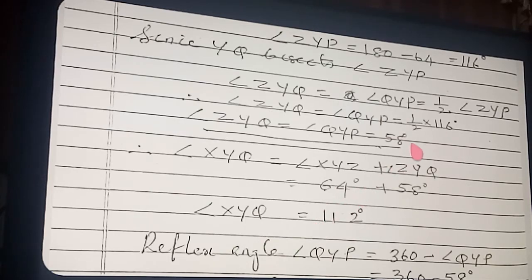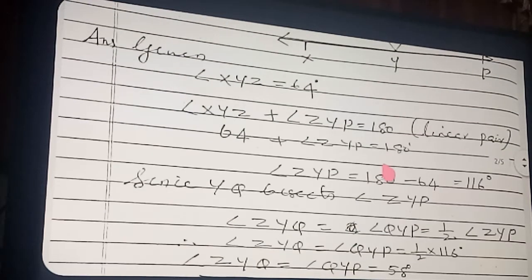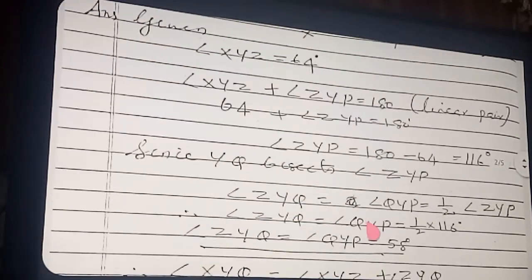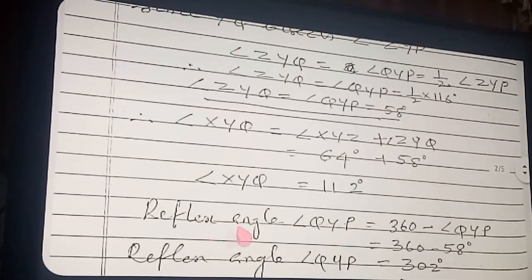And now the next point, you listen. Now the next point you see. What is the question? You want to find out the reflex angle of QYP. Actually, what is QYP? You know QYP. What is the measure of QYP? 58. So now you can find out the reflex angle. Reflex angle of QYP is equal to 360 minus angle QYP.